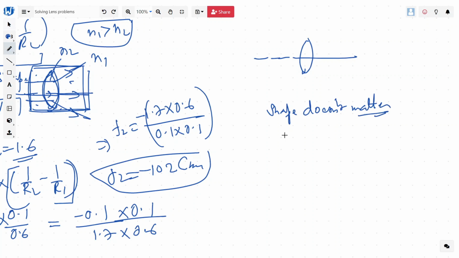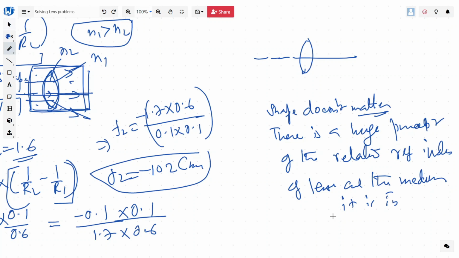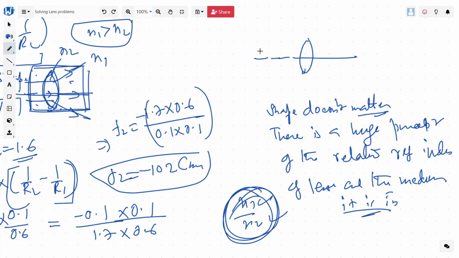There is a huge impact of the relative refractive index of the lens and the medium it is in. Okay, so n1 and n2, very important, right? Both of them very important, and their relationship will define if the lens is going to be converging.